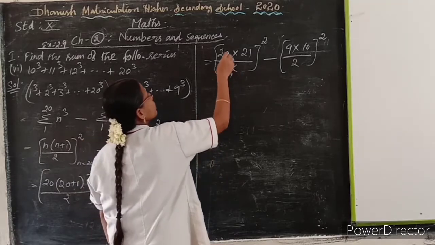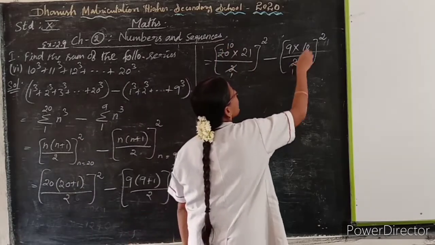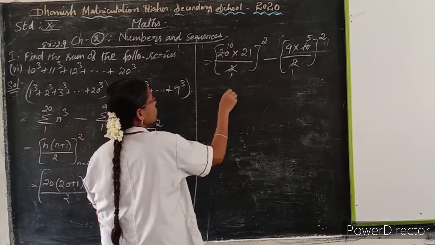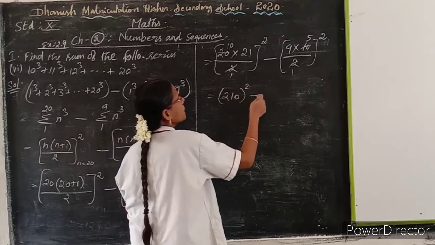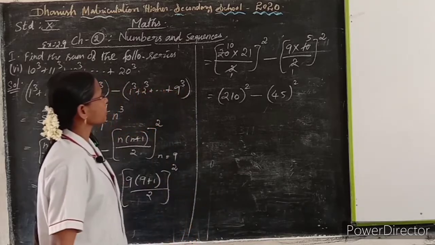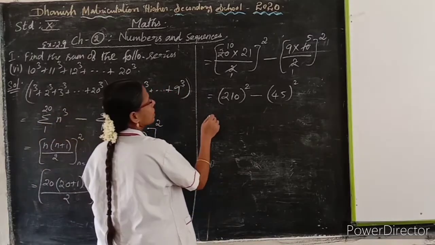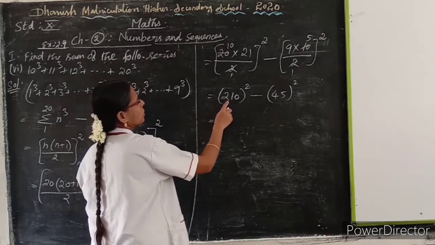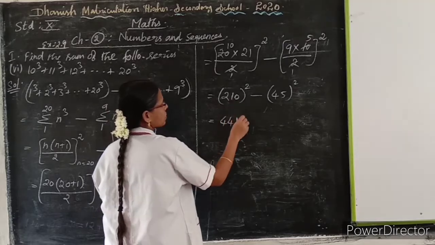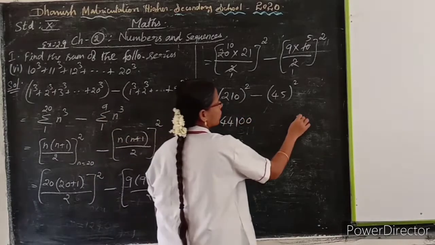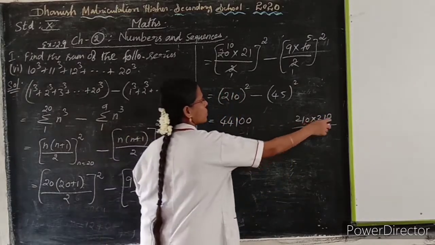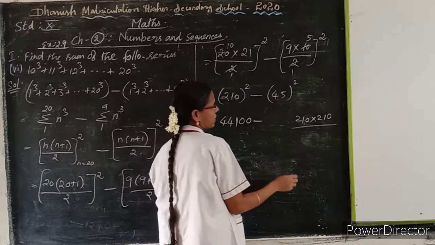Now cancel by 2: 2 ones are 2, 2 tens are 20, so 210 square minus 9 fives are 45, 45 square. Now 210 whole square: 21 into 21 is 441, and we add 2 zeros because 210 into 210. Minus 45 into 45.